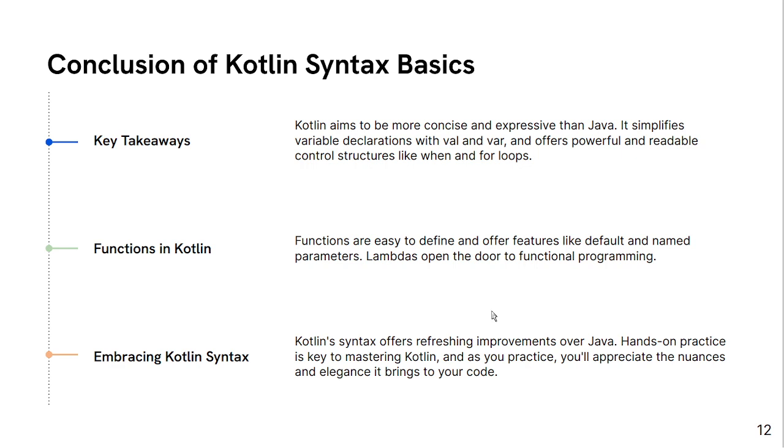So this is a quick conclusion of the Kotlin syntax basics. How to declare a variable. We have two ways, val and var, or immutable and mutable. How to specify the variable identifier and how to specify the type of a variable, and how to define a function using the fun keyword and function name, parameter list, and return type, and then function body.